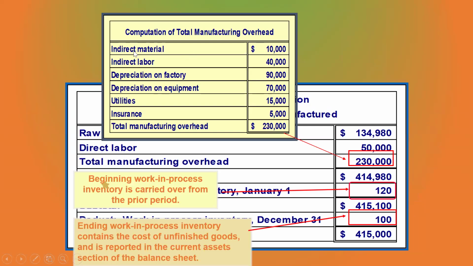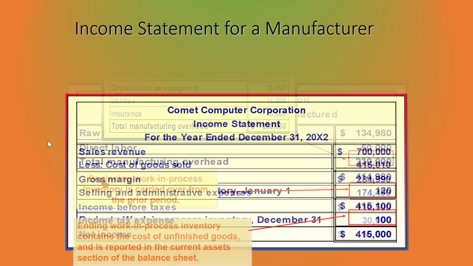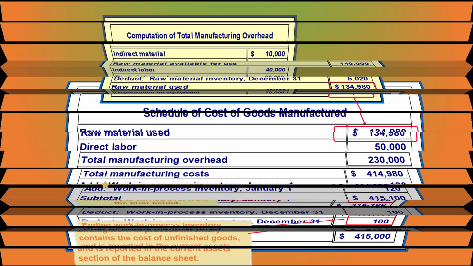We have discussed in our previous lecture that all indirect factory costs are part of total manufacturing overhead, like indirect material, indirect labor, depreciation on factory equipment, plant, utilities, insurance. All these are part of manufacturing overhead. So if manufacturing overhead is not given, then we will have to calculate it.